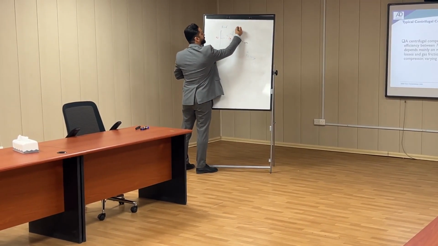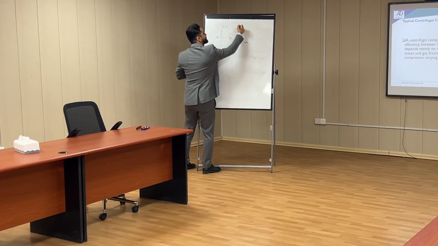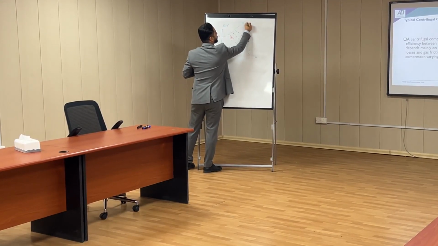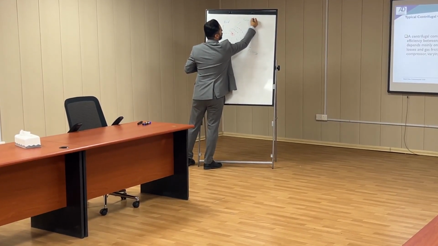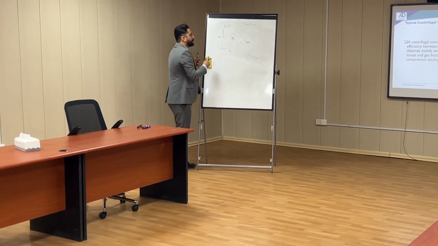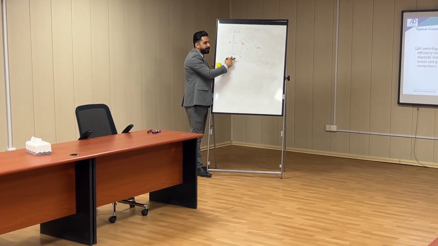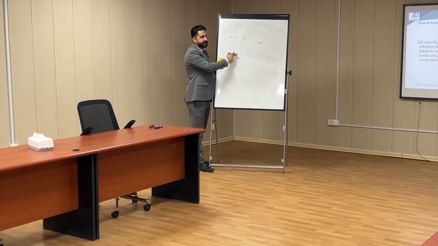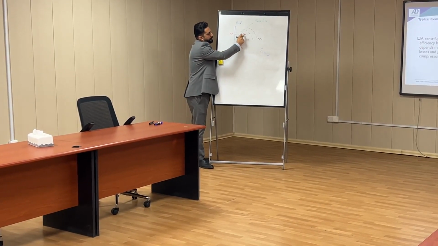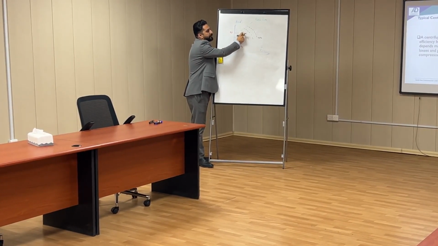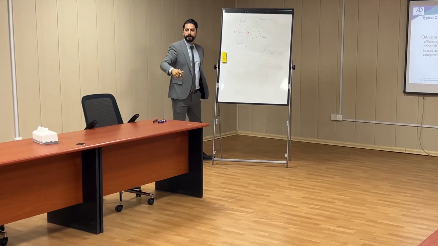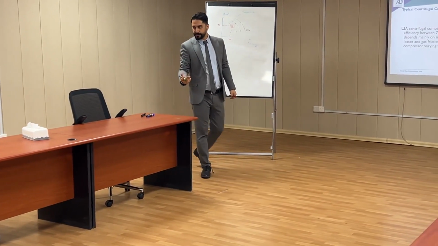If you consider this line as the surge line, we can understand that if we reduce the flow rate of the compressor, this working point is going to get near to the surge limit.